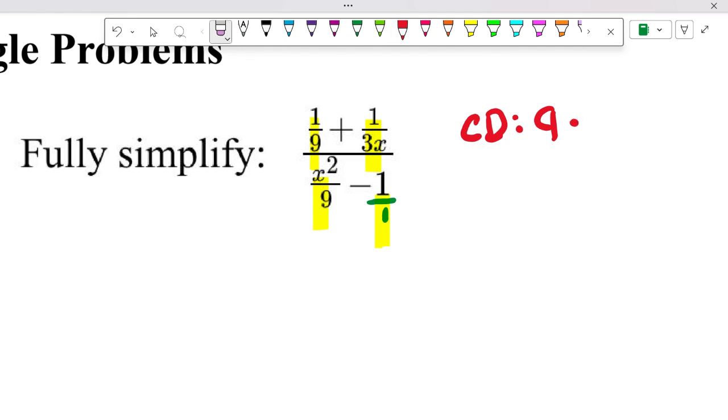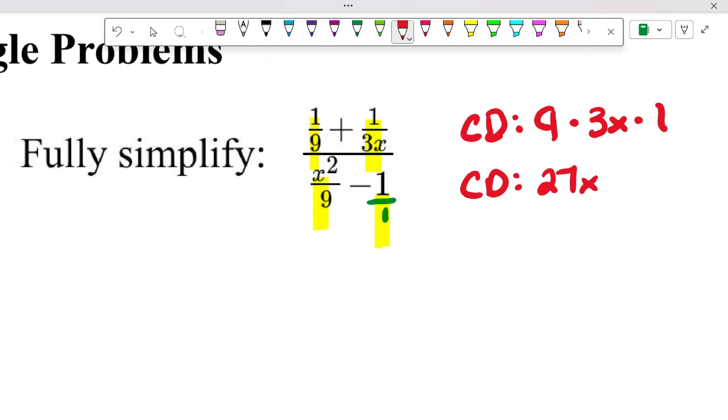And what's the last one? 1. And since the 9 repeats, we don't have to write it twice because we want it as small as possible. So, guess what my common denominator is if I multiply them together? 27x. So, this is what we're going to be multiplying to the top and the bottom in order to get rid of our baby denominators. Okay?